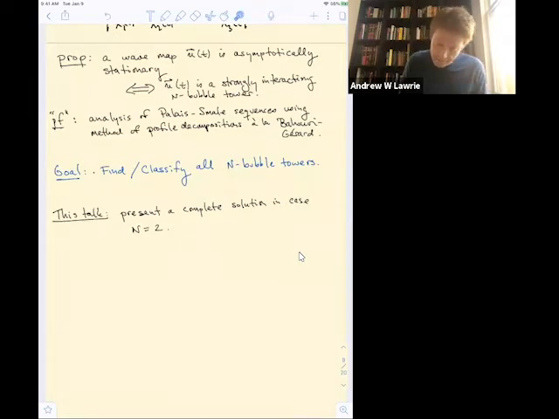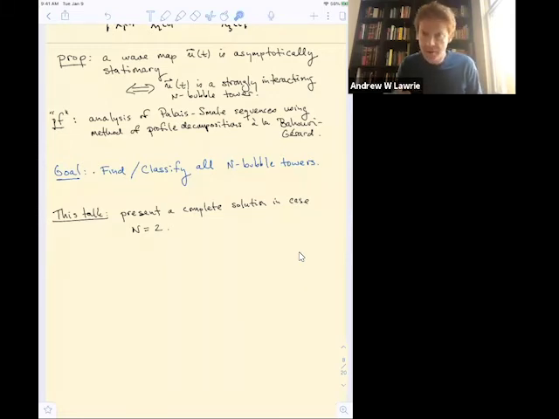I won't go through the proof, but it's an analysis of Palais-Smale sequences using the method of profile decompositions, using this fundamental result of Bahouri-Gérard. So if you believe me that asymptotically stationary is equivalent to being one of these bubble towers, then my goal now is to find and classify all possible bubble configurations.